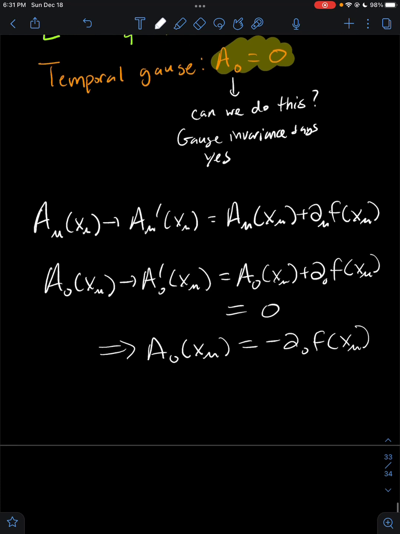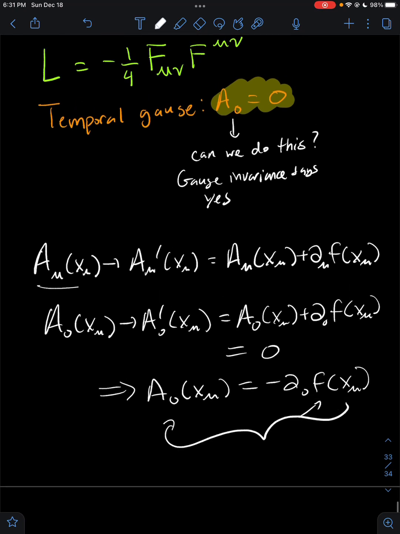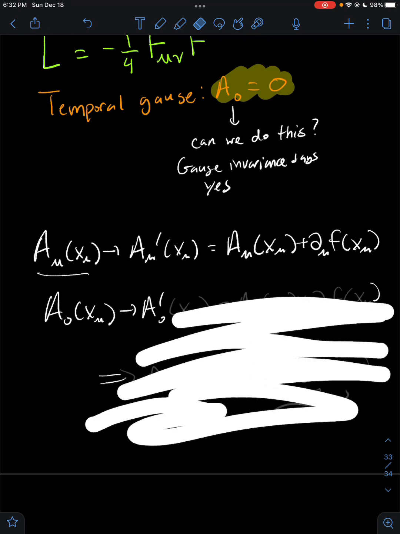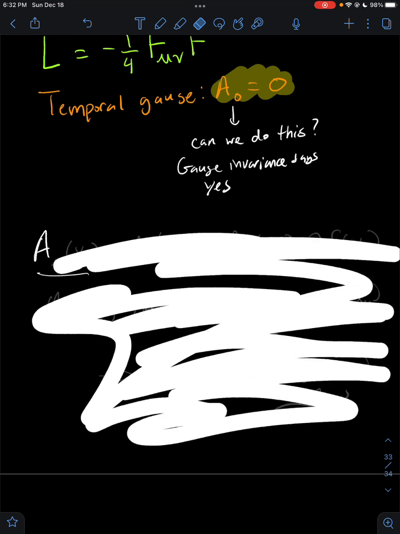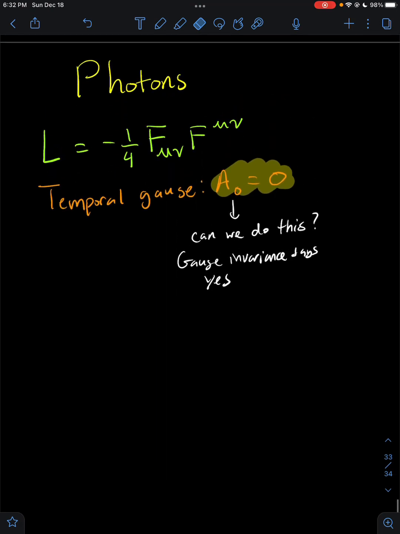So basically, if there exists some function that satisfies this property right over here, that means that we can choose a gauge such that A naught equals 0. And yes, there will exist some function. Can we prove that? Sure, we could, but that would take us too astray. So, by just noting that we can do that, let's use the temporal gauge.